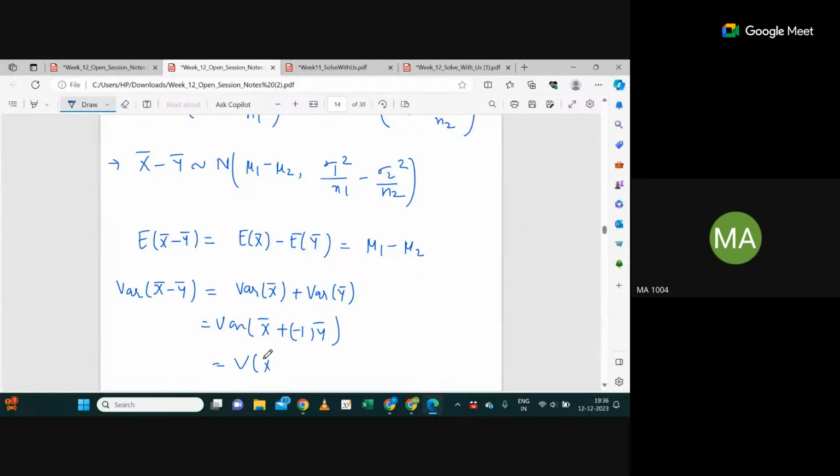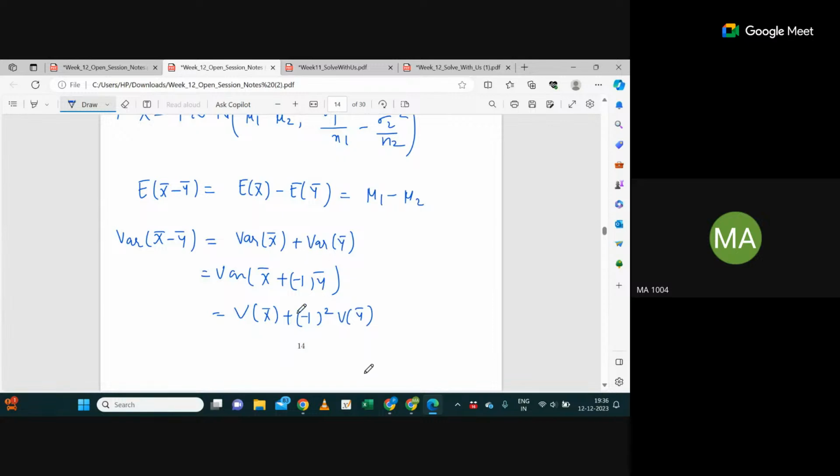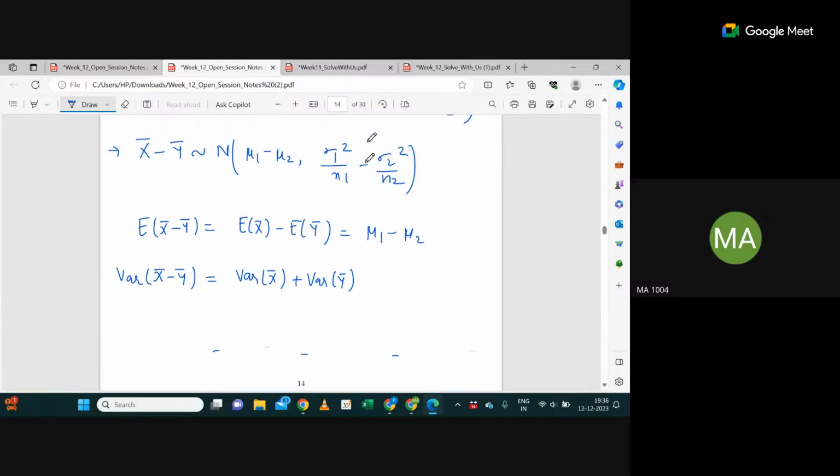So variance of x bar plus (minus 1) square times variance of y bar. So basically this will not be minus, it will be variance of x bar plus variance of y bar. Keep these minor mistakes in mind. It will not be minus, it will be a positive sign. So this will be sigma 1 square divided by n1 plus sigma 2 square divided by n2.